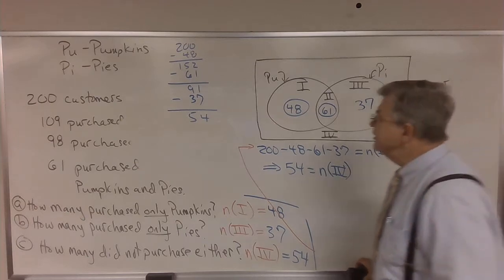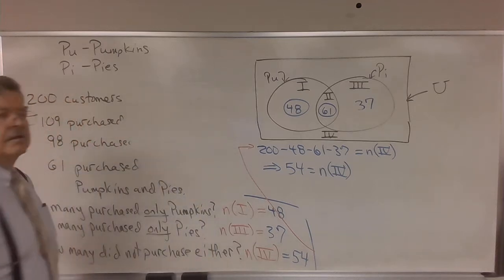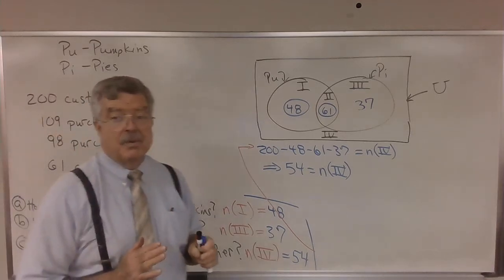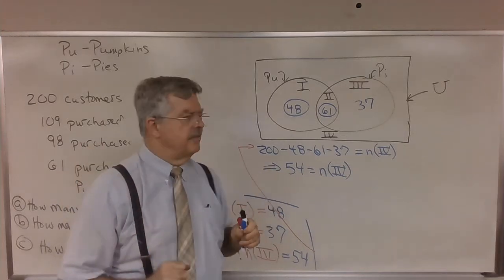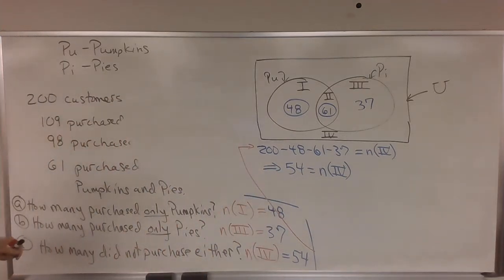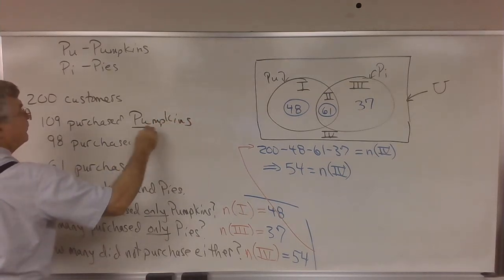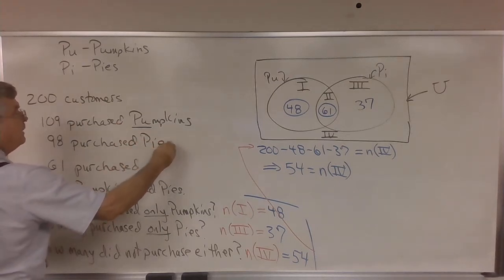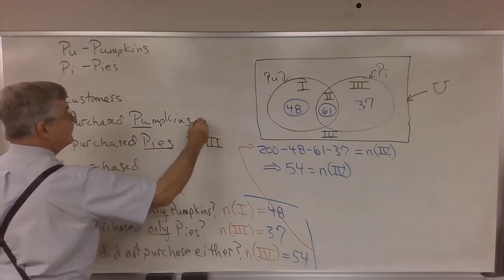Before we throw this thing away, let's go back and see what the key piece of information was that allowed us to do some detective work and find all the others. Let's see, 109 purchased pumpkins, 98 purchased pies, so that was region 2 and region 3.